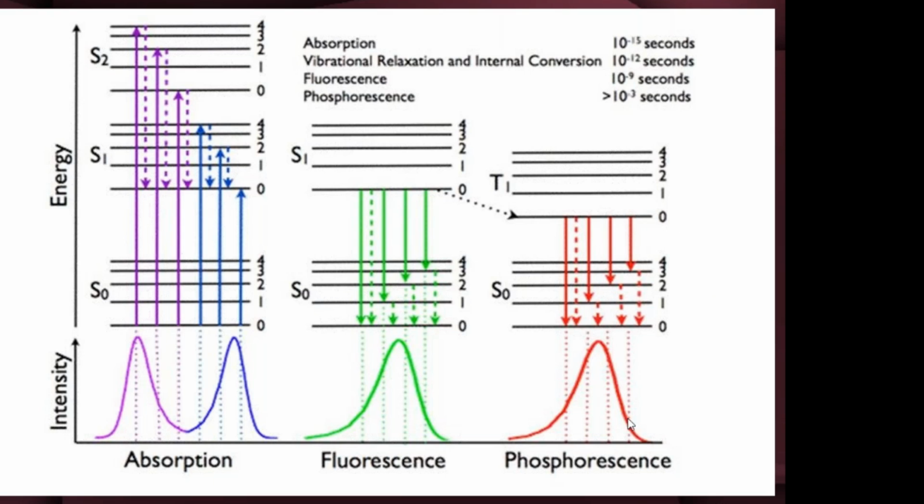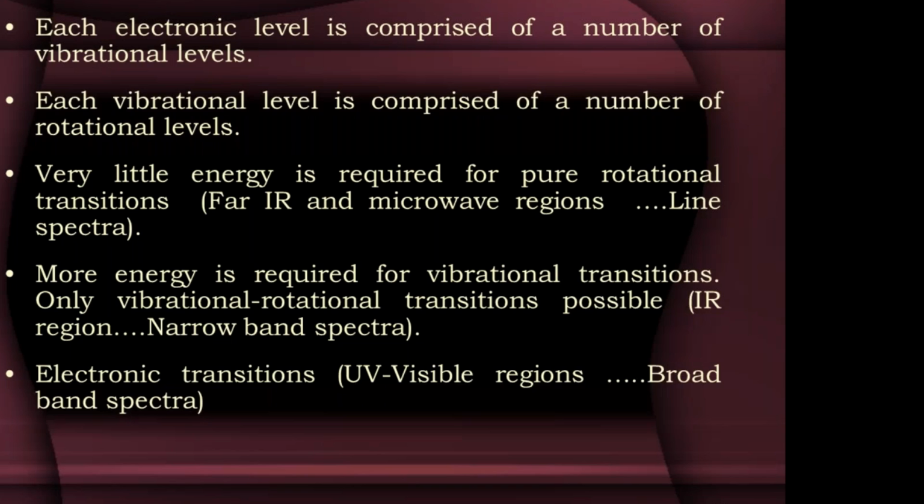This emitted radiation will be called phosphorescence because it's a transition from the triplet state to the ground singlet state. So this is another representation. Hope it is clear now about how these transitions take place for absorption and excitation, followed by non-radiative relaxation and radiative relaxation.